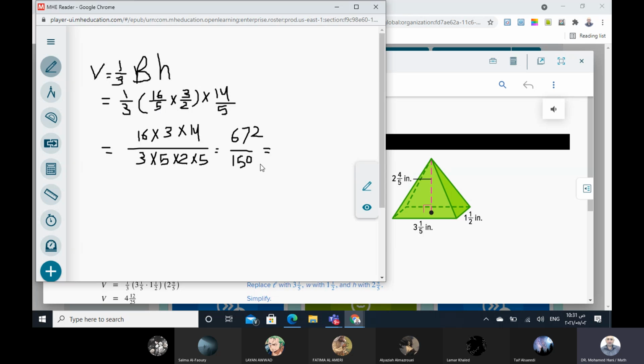Now we can divide it. 672 divided by 150 will be the answer, 4.48. Who can tell me what is the unit here?